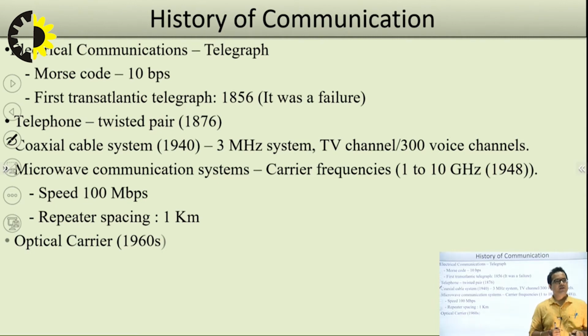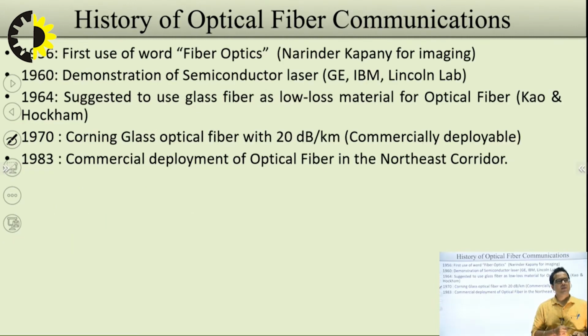So after this brief history of communications, as we have discussed, in the 1960s the optical carrier came into existence. Because of the bandwidth requirement, the optical carrier came into existence. As the bandwidth increased, more and more information can be transmitted.